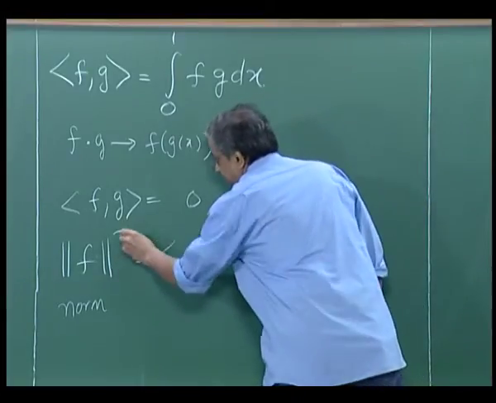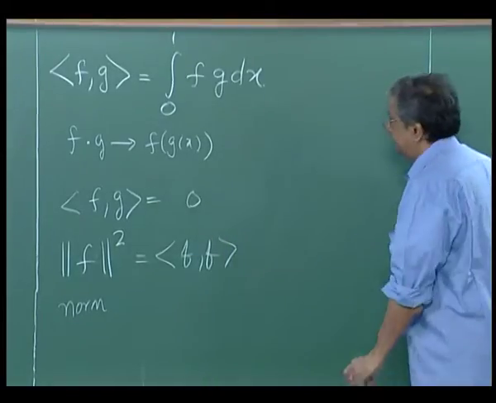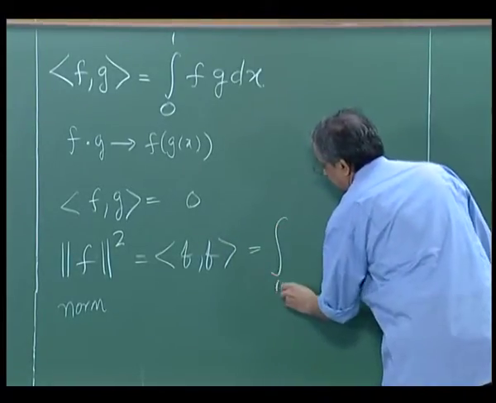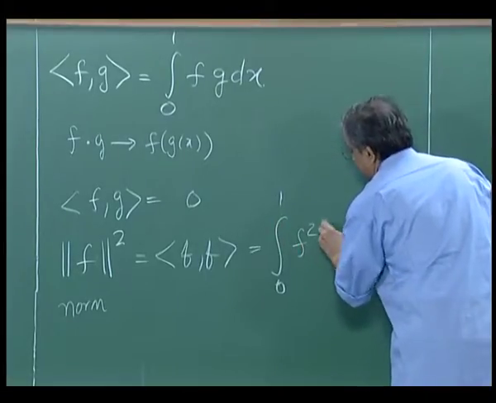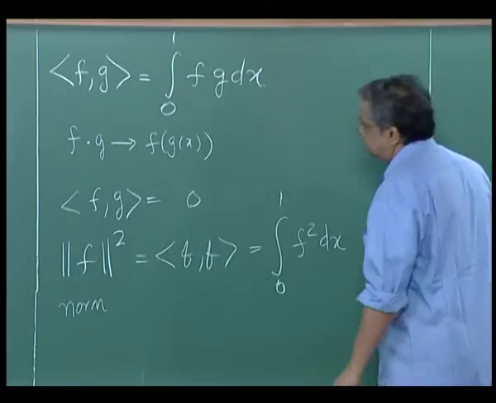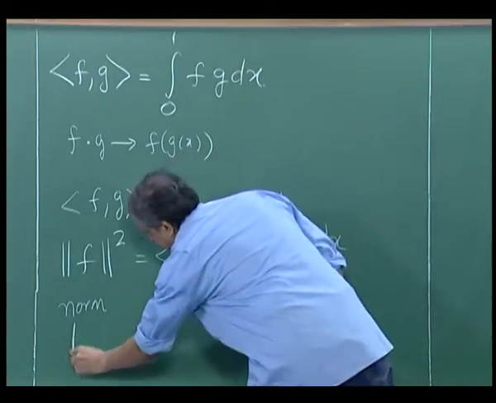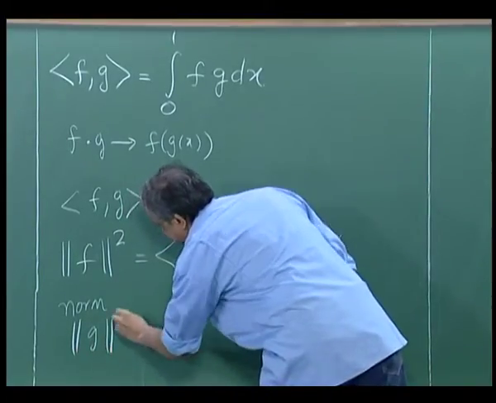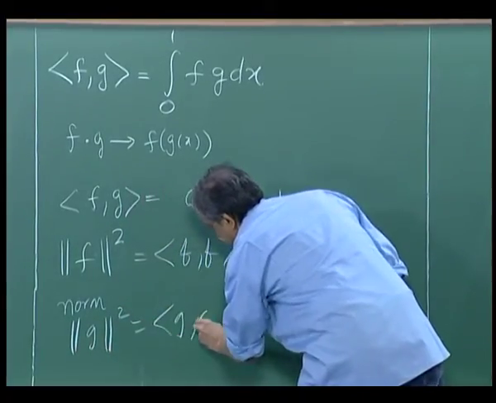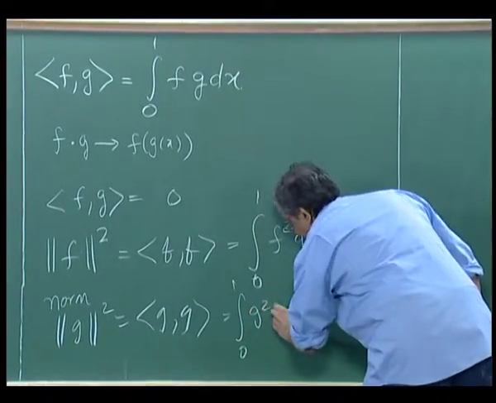So I could define the square of the norm as f dot f, which turns out to be the integral 0 to 1 of f squared dx. Is that fine? Now in a similar fashion we can define norm g squared as g dot g, the integral 0 to 1 of g squared dx.